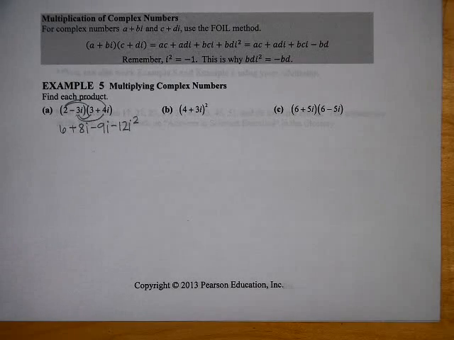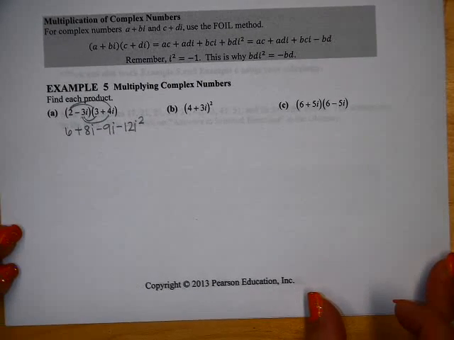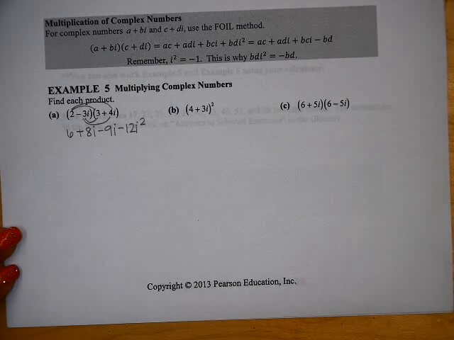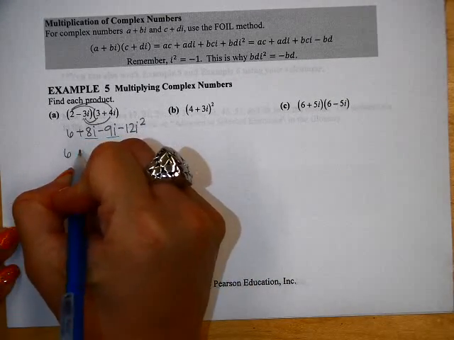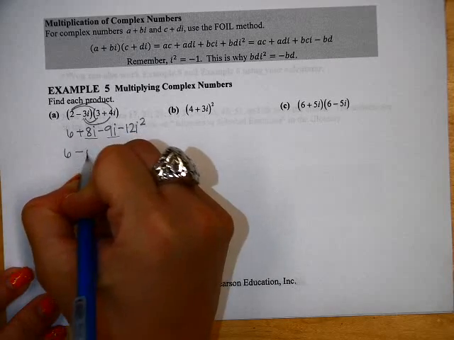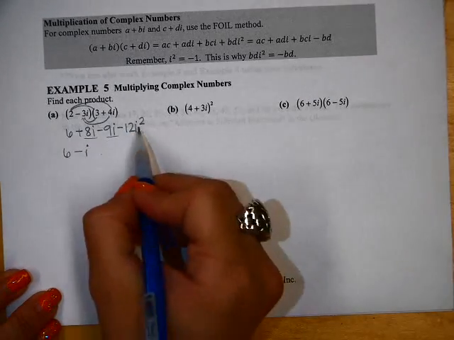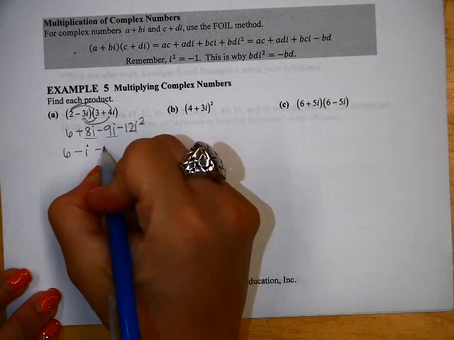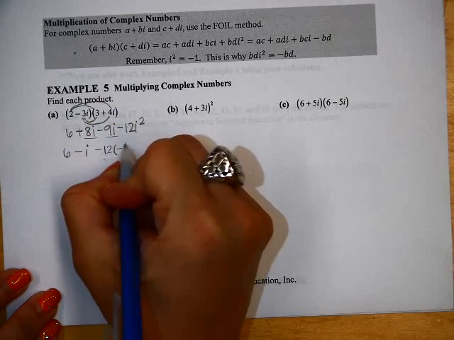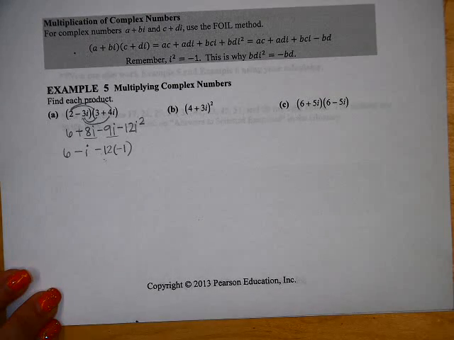Now, from this point forward, you will simply combine like terms and then simplify completely. So your 8i minus 9i will be negative 1i, and your I squared is the same as negative 1.